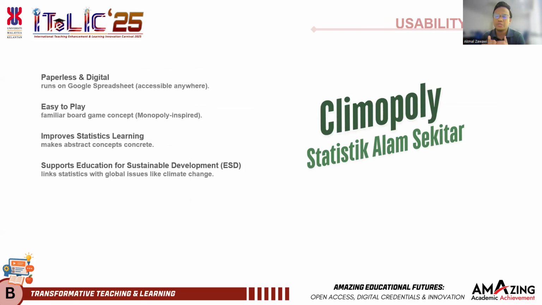So we go paperless, running on Google Spreadsheets, which is more convenient, because with the internet we can access it anywhere. The second is that it is easy to play, because most students are familiar with Monopoly, so I don't think CLIMOPOLY will be difficult for students to use.